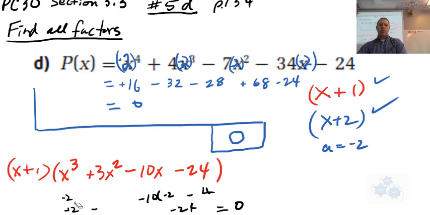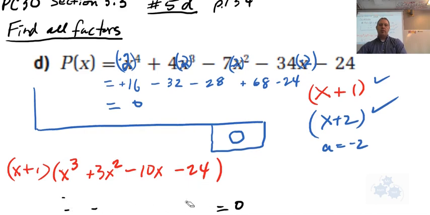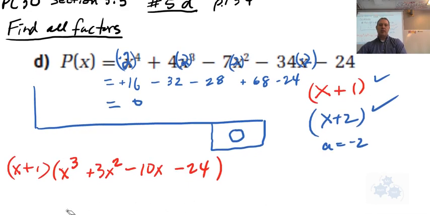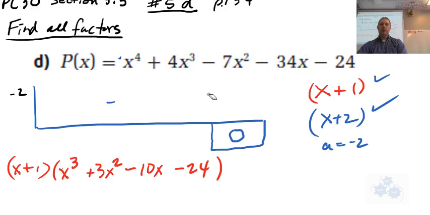And what we're going to do is now synthetically divide here to see what our quotient is going to be. So we'll put negative 2 here. Okay, and we'll clean up all this. And we'll put our coefficients of this one right here. 1, 3, negative 10, and negative 24, right?